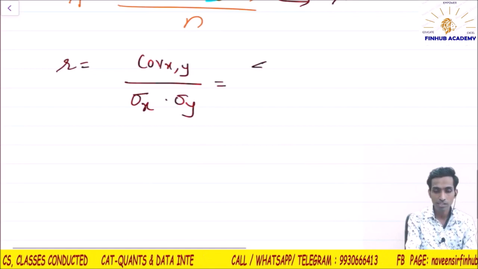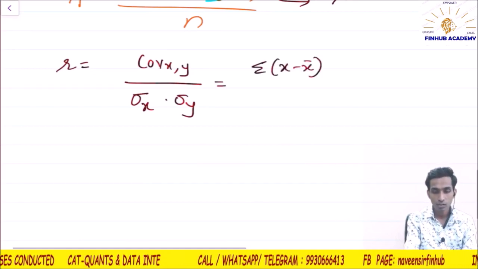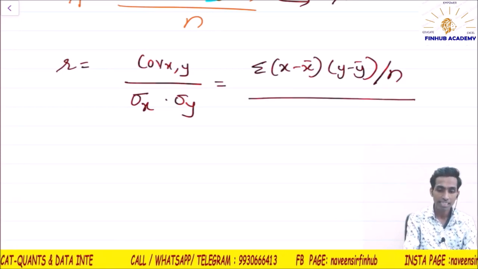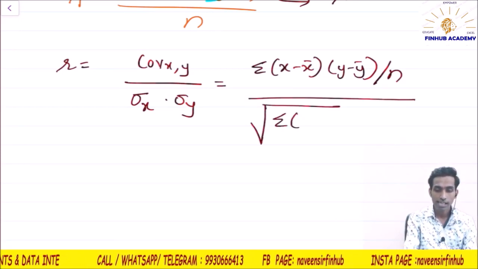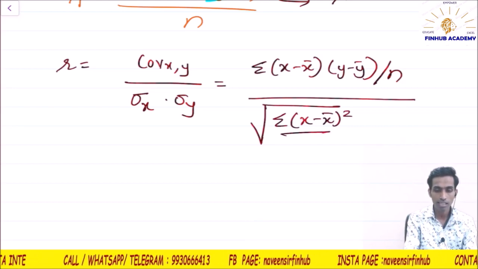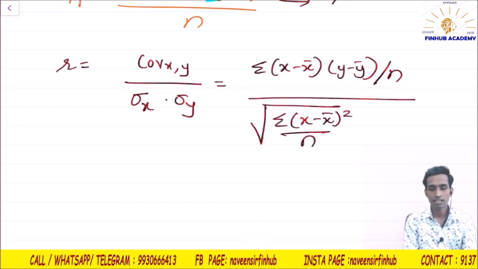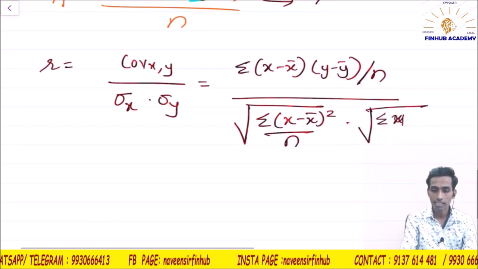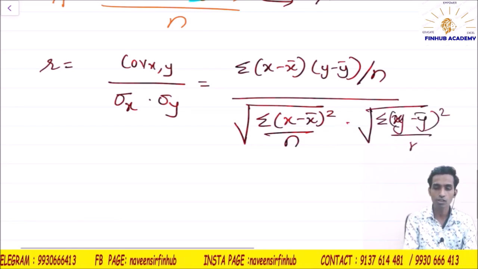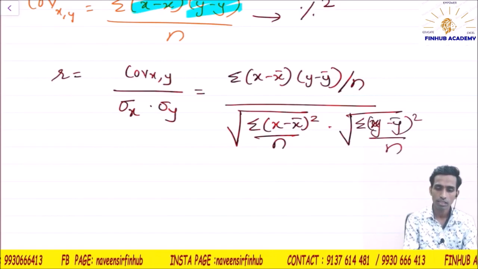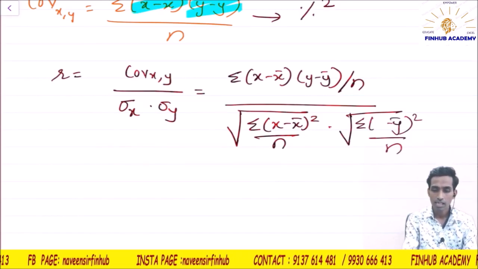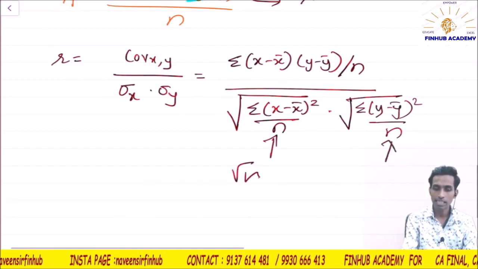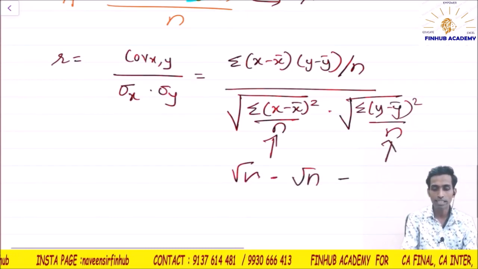Covariance formula is summation (x minus x bar) into (y minus y bar) upon n, upon the square root of summation (x minus x bar) the whole square upon n, into the square root of summation (y minus y bar) the whole square upon n. Correct? This can be written as root n, and this can be written as root n. Root n into root n in the denominator becomes n.